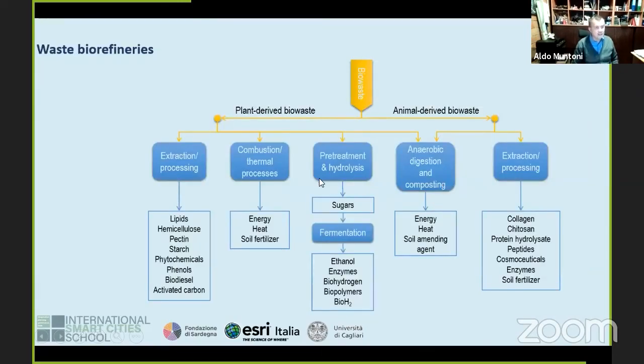To give you an example again of what we are doing here in our department, we are now producing bioplastics through biological processes. So the same plastic that we use for the bags, the Mater-Bi, that we use at home for the food waste, we are producing the same polymer from cheese whey. Cheese whey è il siero del latte in italiano.